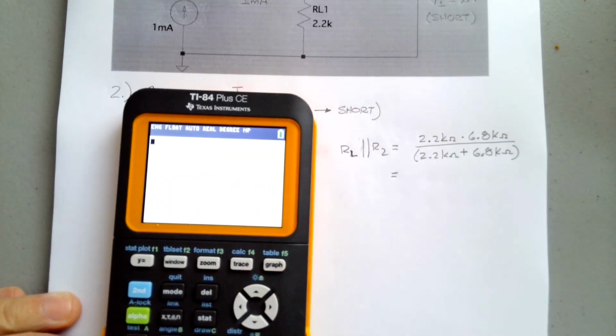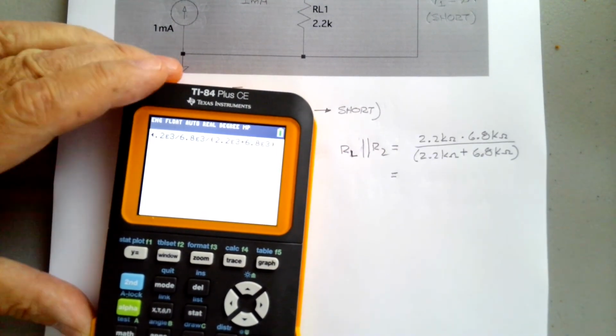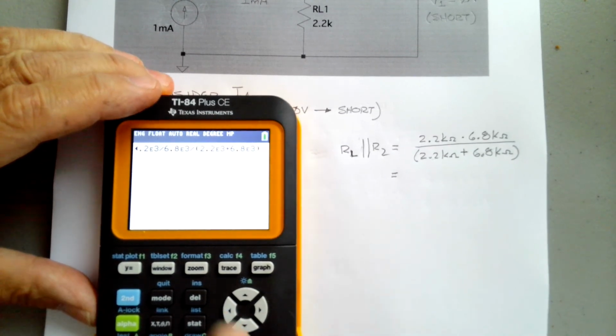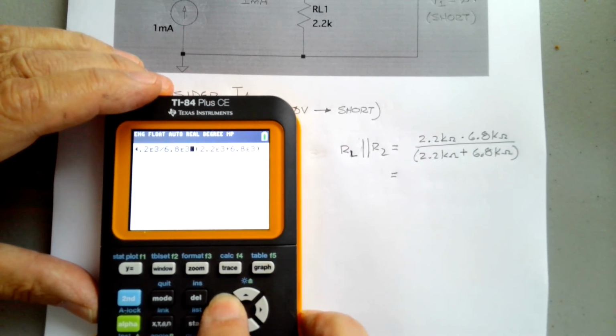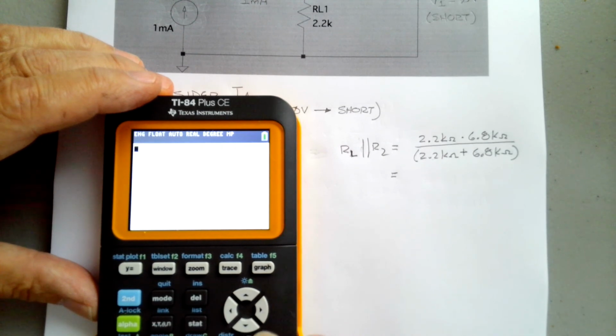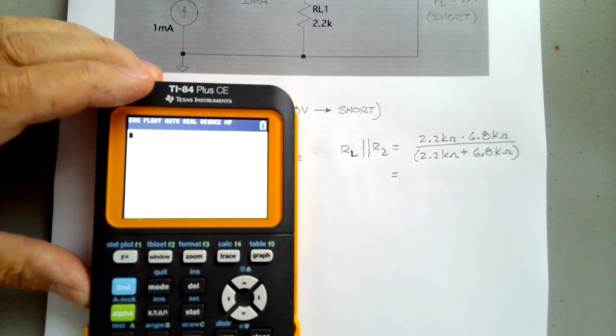In our calculators we can just say 2.2 k times 6.8 k divided by 2.2 k plus 6.8 k. I got the parentheses wrong, something is not right there. I cleared it, I can't believe I did that.